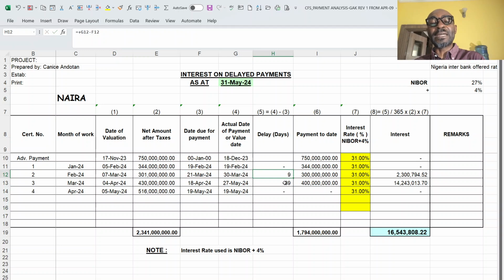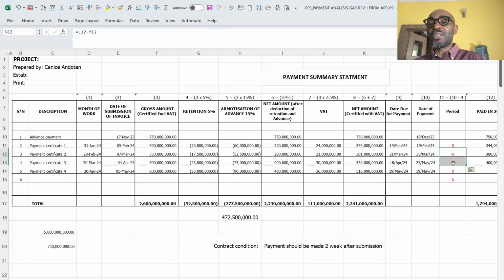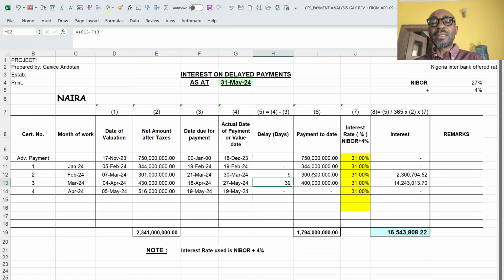It gives me 9 and 39, which is the 2 days that they had delay in paying. Then the formula, like I did in the first sheet, I also did here. I have my columns named 1, 2, 3, 4. Then how did I compute this? 5 is equal to 4 minus 3, gives me this.